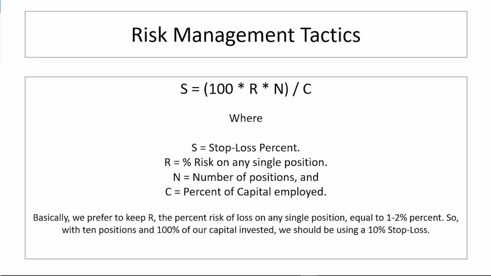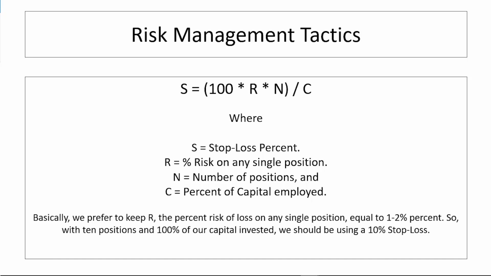And I'm not saying that we invest $1,000 in each of our 10 positions. We don't want to risk or lose any more than $1,000 on each position. So again, if we have 10 positions, $1,000 of a $10,000 investment gives us a 10% stop loss.